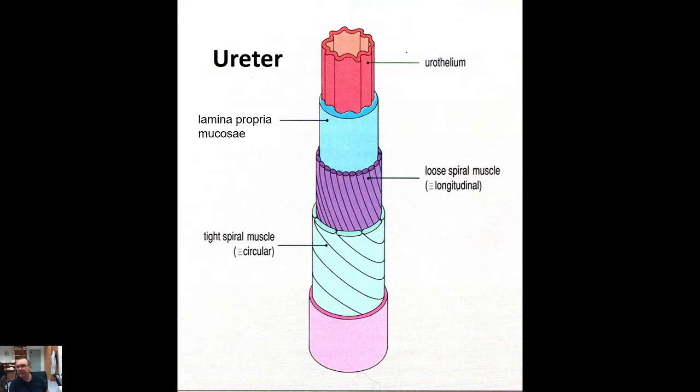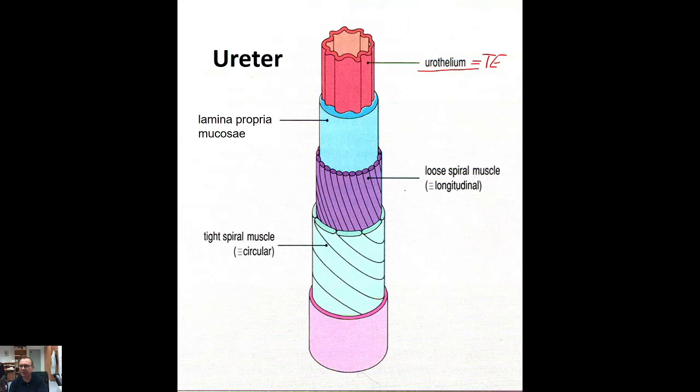I didn't say, but it's here written that the transitional epithelium of urinary passages is sometimes also called urothelium. So if you read this word in some textbook, don't be surprised. Urothelium is the same as transitional epithelium. Then lamina propria, and then two layers of smooth muscle.